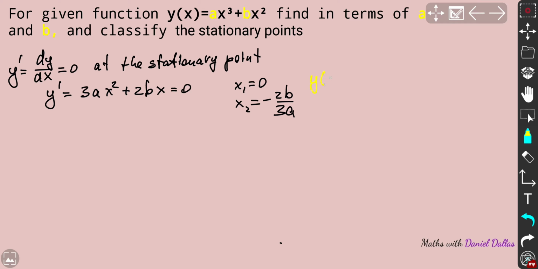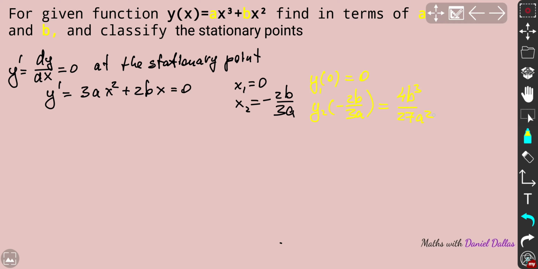So y from 0 is y1, and y2 from negative 2b over 3a. We're plugging those points to establish the value for y. So y from 0 is obviously 0, and from negative 2b over 3a, if we simplify that, we'll get 4b cubed over 27a squared.